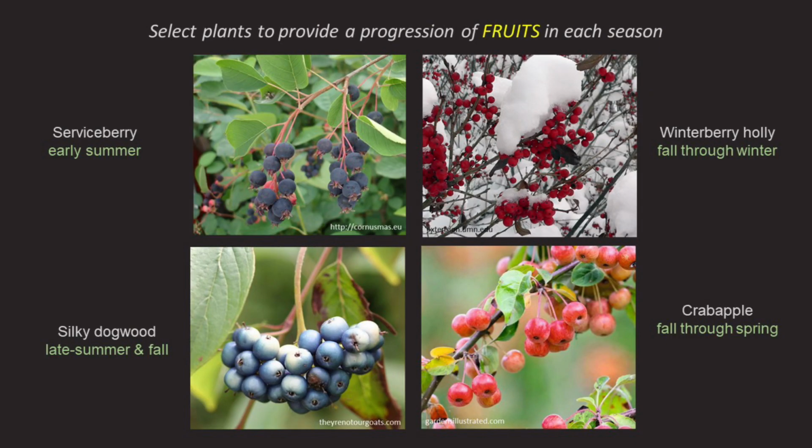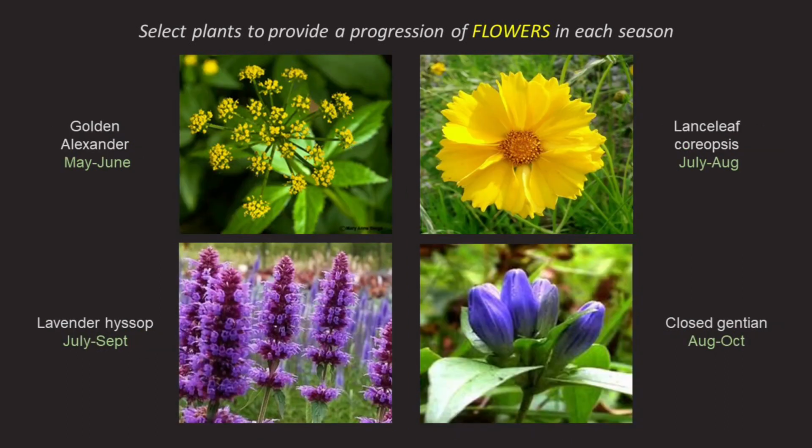For example, maintain or establish a variety of fruit-producing plants that fruit in progression across the seasons, with some plants producing fruits in early summer, some in late summer and fall, and some, such as winterberry, holly, and crabapple, that hold on to their fruits into the winter or early spring. These plants with persistent fruits are especially valuable winter food for resident wildlife and for early spring migrant birds that arrive before insects become abundant.